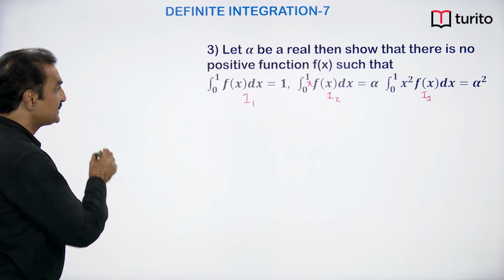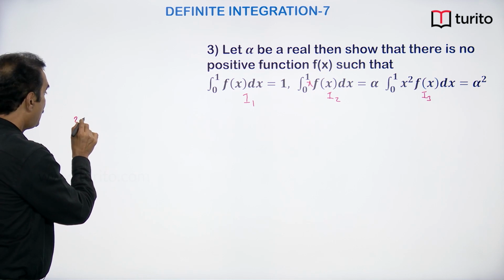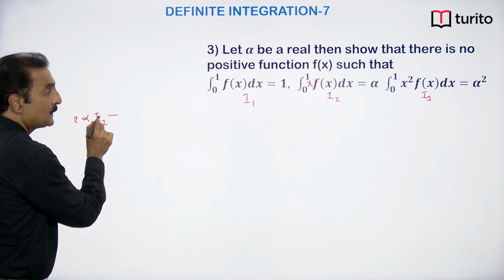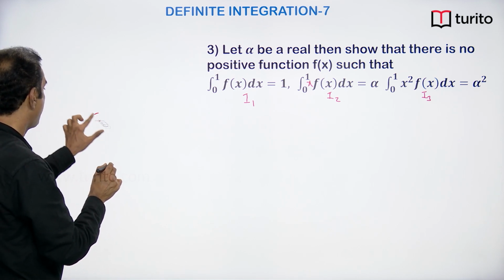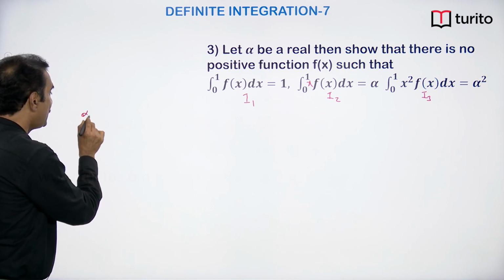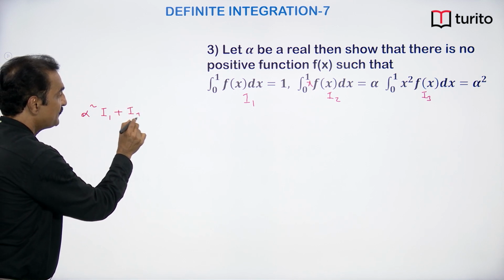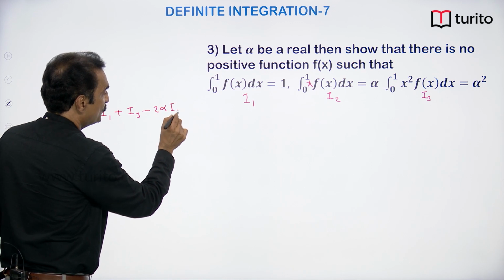So, what I am doing is alpha square I1 plus I3 minus 2 alpha I2.